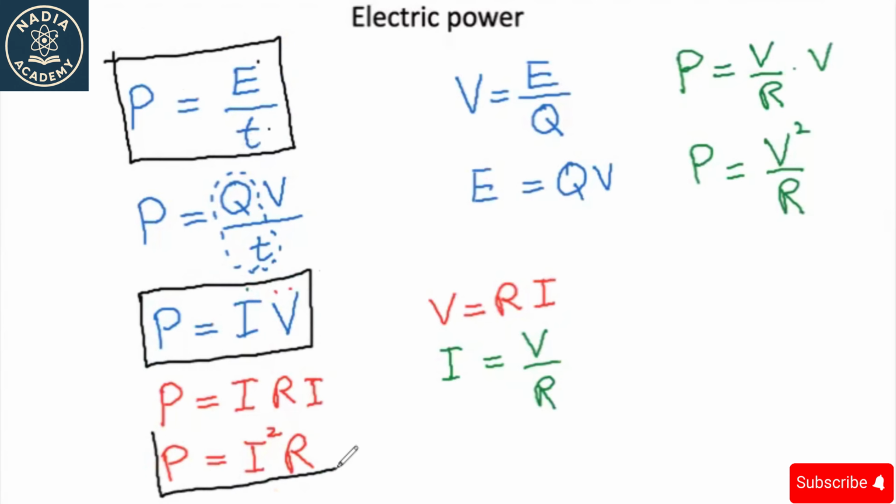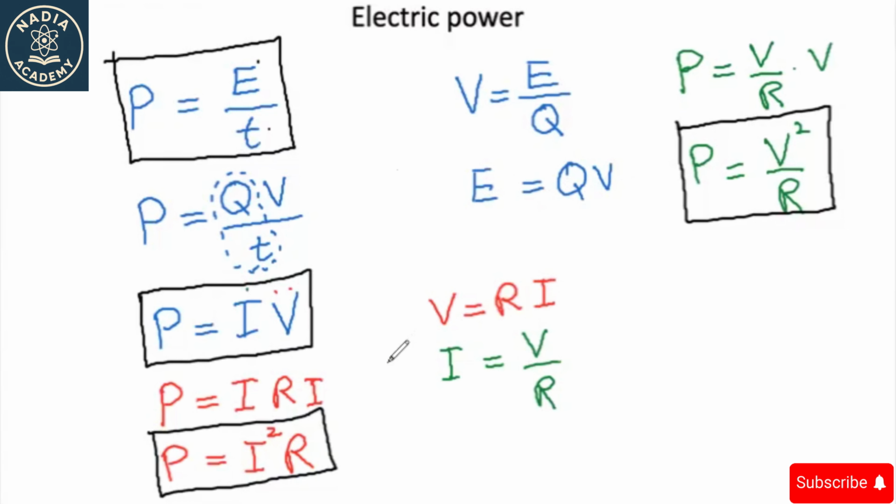If you want to calculate the dissipated power, you use I squared R in terms of current and resistance, and V squared over R in terms of potential difference and resistance. So these are four different formulas that you can utilize to calculate electrical power. This is the concept of power.